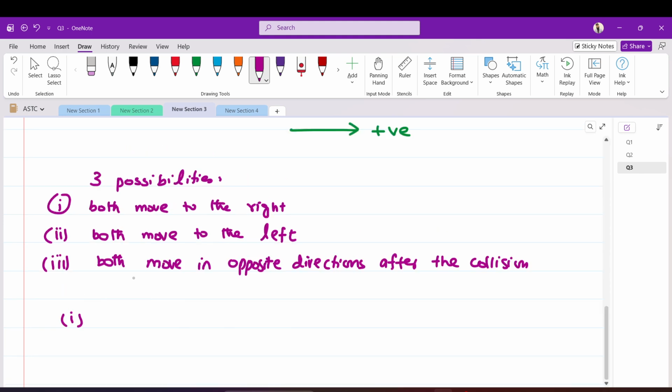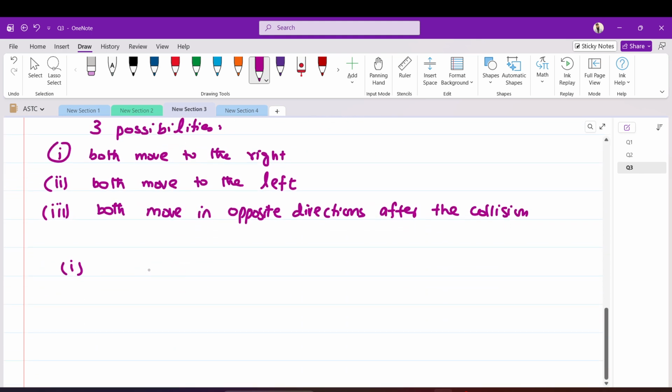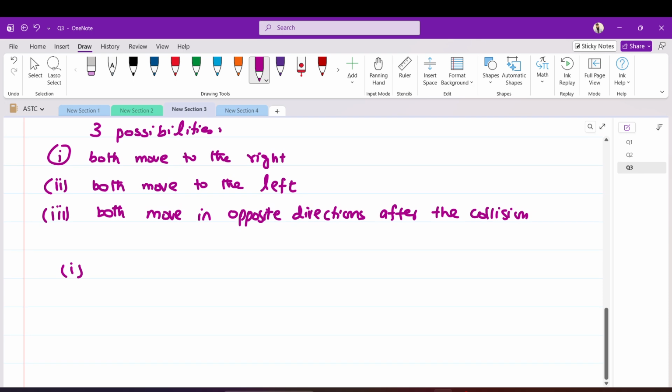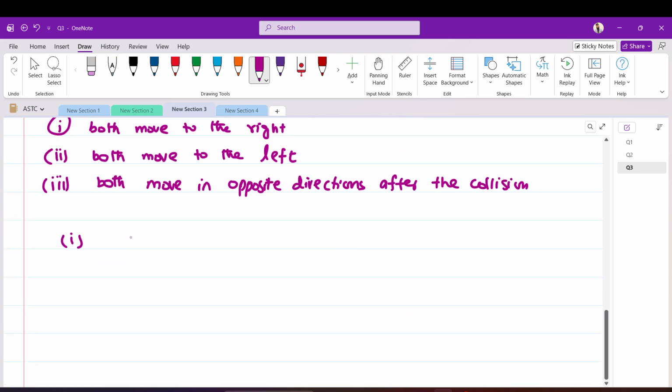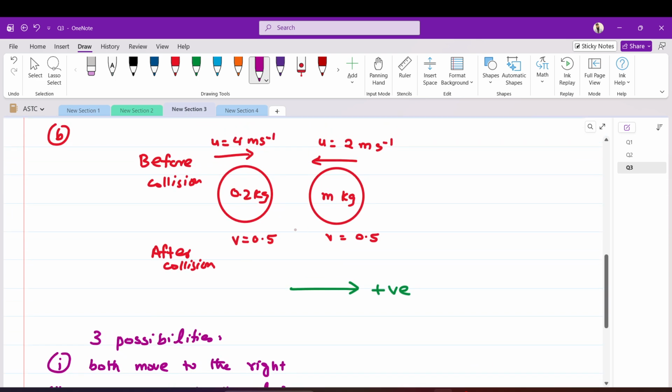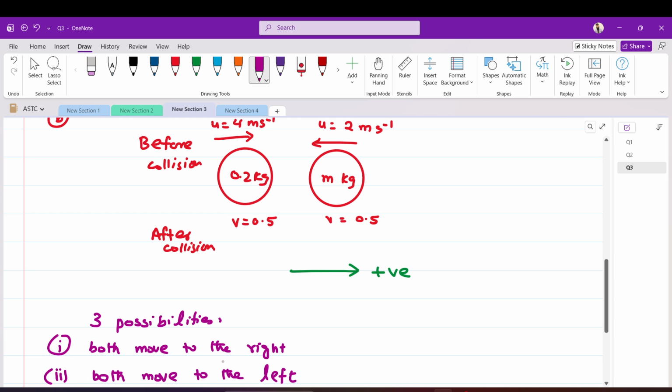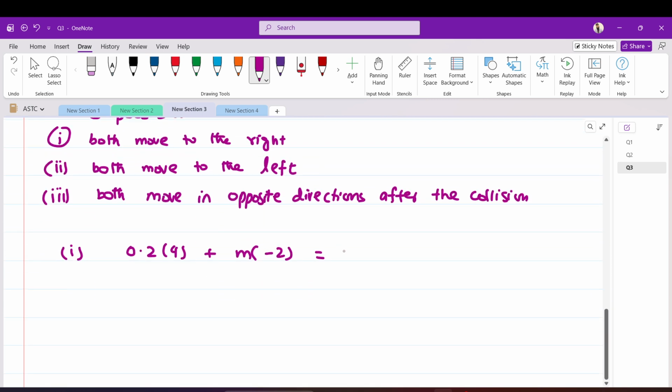So here again we have total initial momentum equals total final momentum. So the initial momentum will be 0.2 times 4 plus m times minus 2 equals, now here we have 0.2 times 0.5. So if we are assuming that both of them move to the right, both the velocities will be positive.